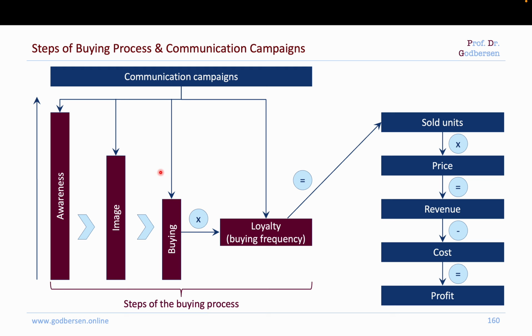And that is what communication aims to do: to either increase awareness or improve the brand image, push sales or increase brand loyalty, and of course, a combination thereof. So these are your objectives of marketing communication.